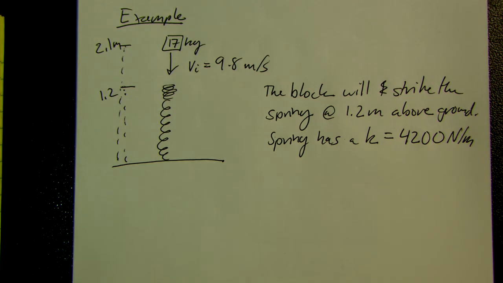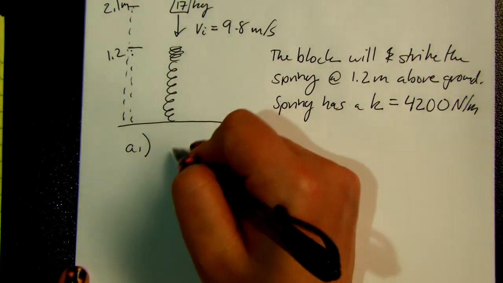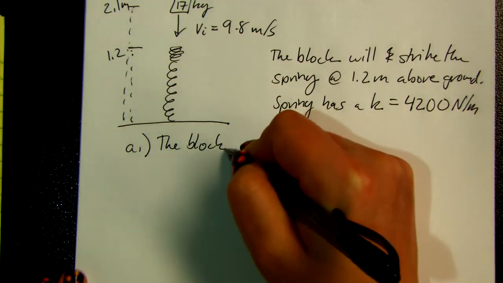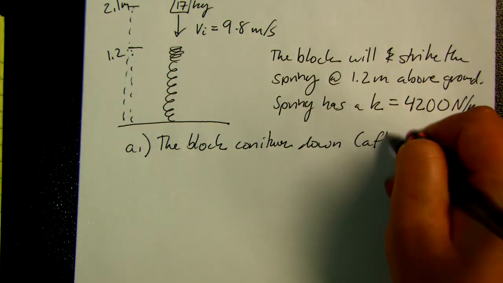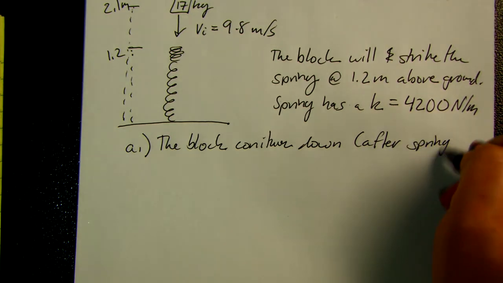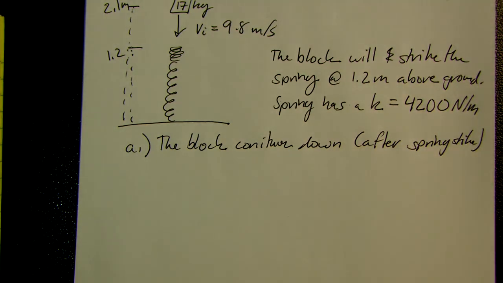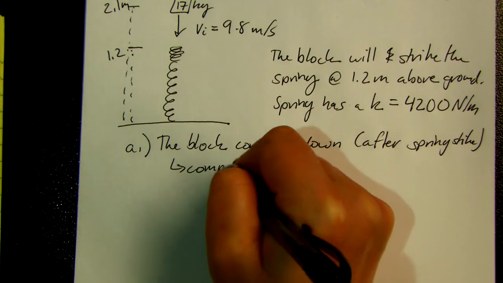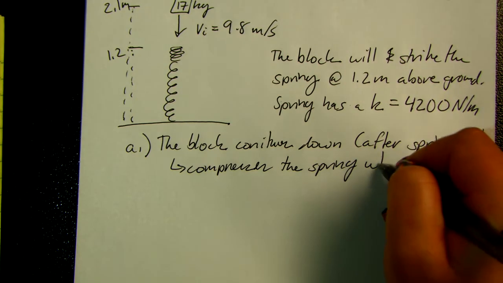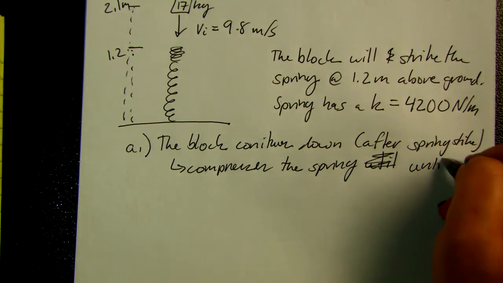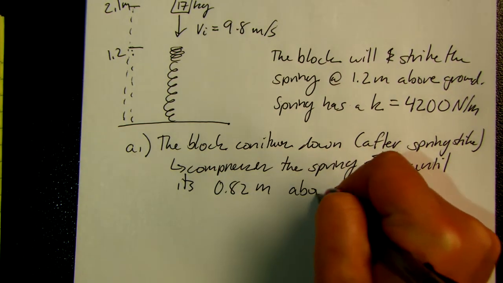So there's a couple of things we want to know. So the block continues down after spring strike, and it compresses the spring until it's 0.82 meters above the floor.